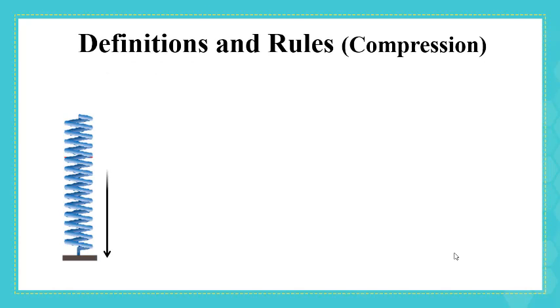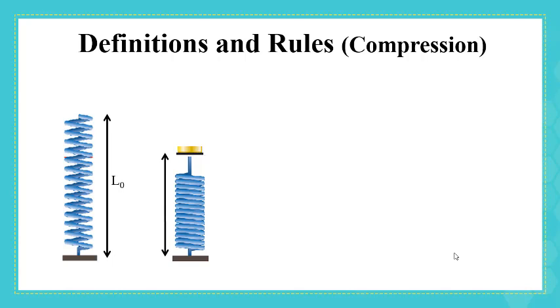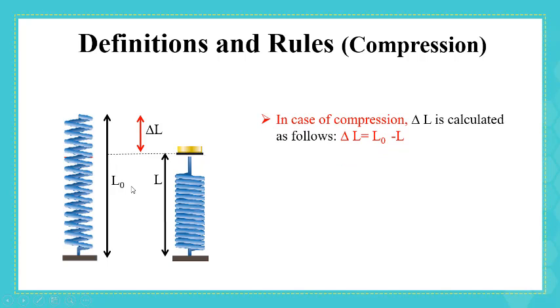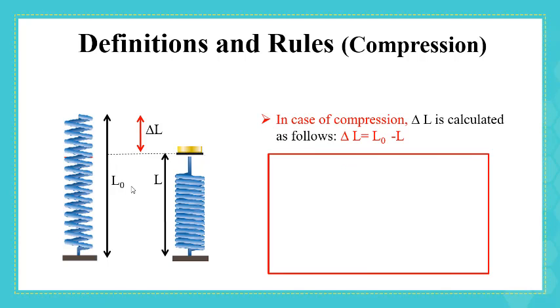While in case of compression, the length of the spring when loaded will be smaller than when it's free. Then delta L, which is the difference between these two lengths, will be L0 minus L. So, delta L is equal to L minus L0 in case of elongation and L0 minus L in case of compression.